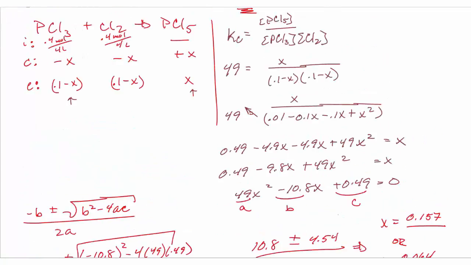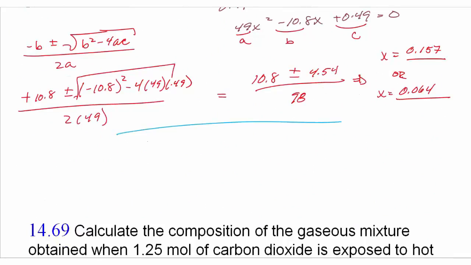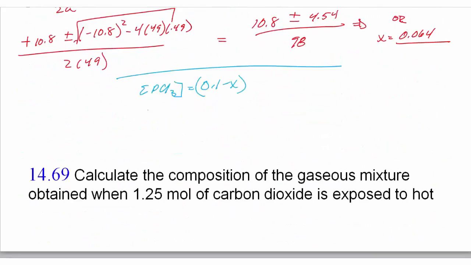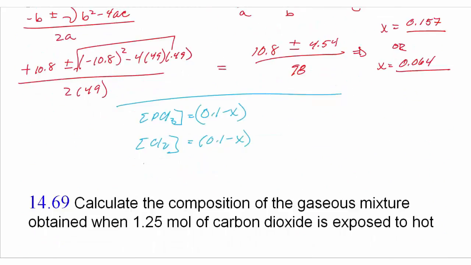What are my answers here? Here's my answers. The concentration of PCl3 is 0.1 minus x. The concentration of chlorine is 0.1 minus x. And the concentration of phosphorus pentachloride is x.